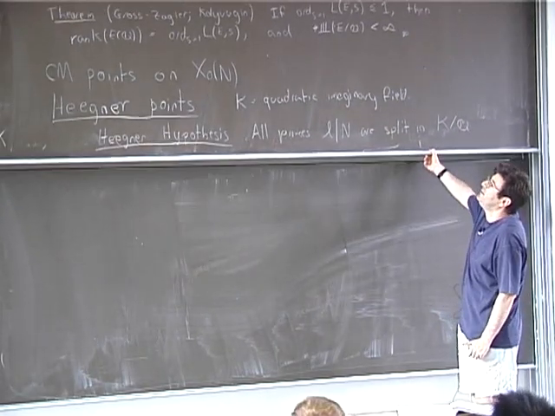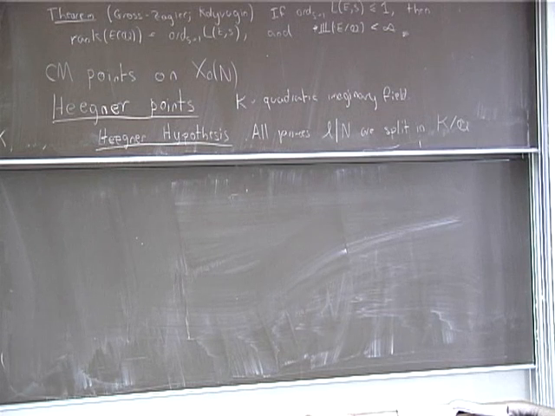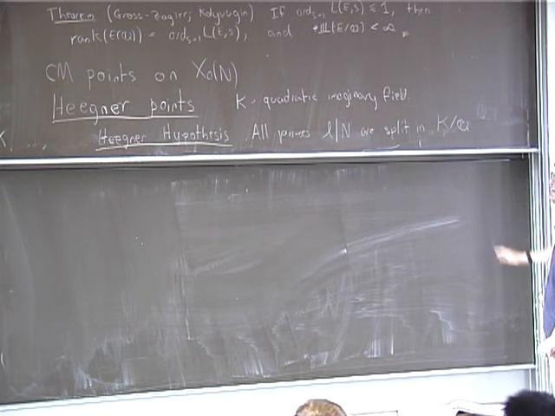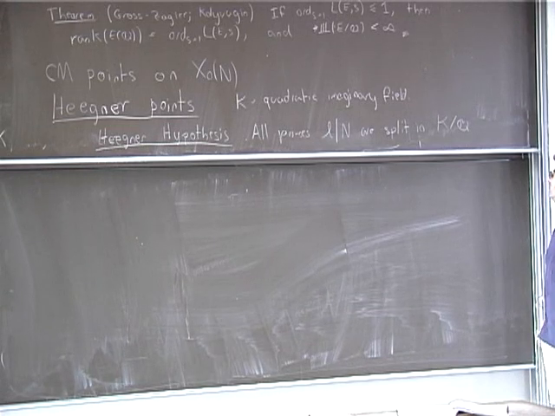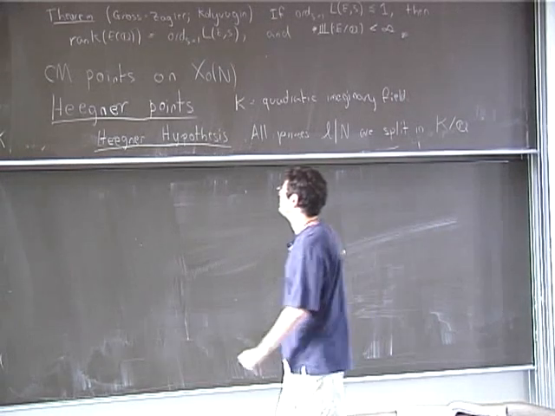Okay, so we can always find infinitely many of these by quadratic reciprocity and the Chebotarev theorem, if you want. So we can find such a K.